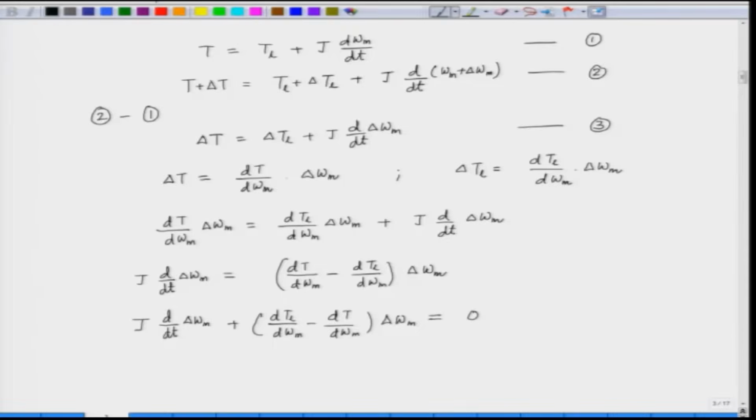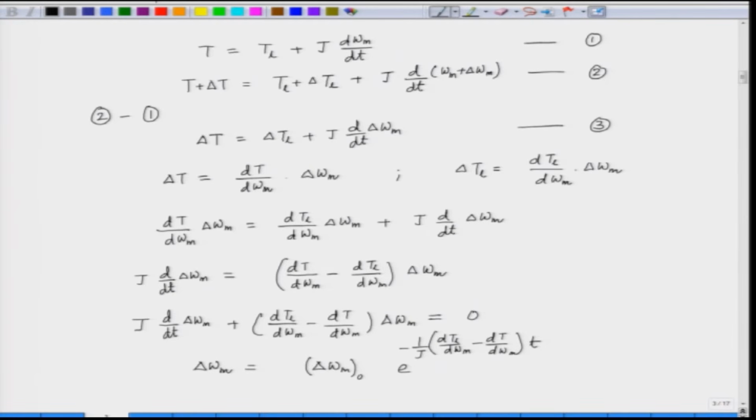The solution will be of this sort: delta omega m is equal to delta omega m naught, the initial value, into 1 minus exponential of minus dT L by d omega m minus dT by d omega m, times 1 by J, into t.